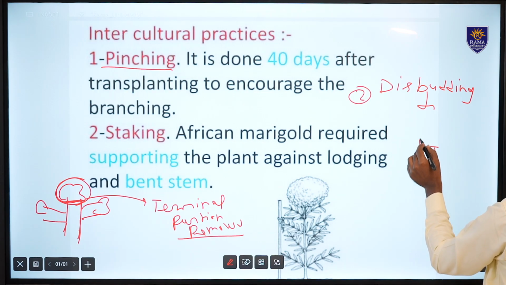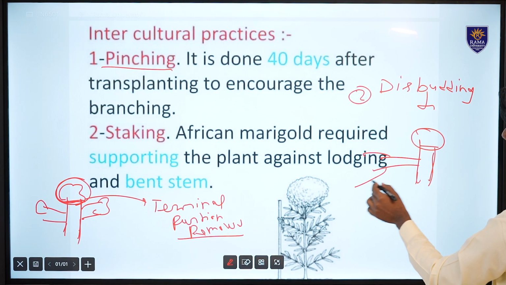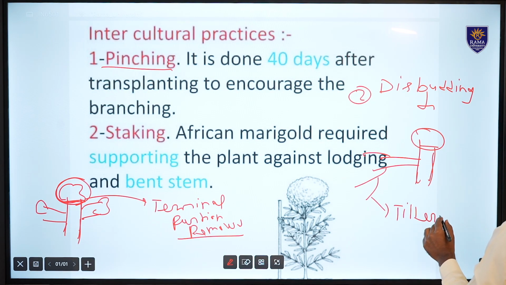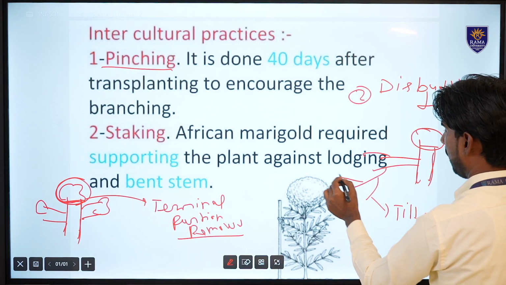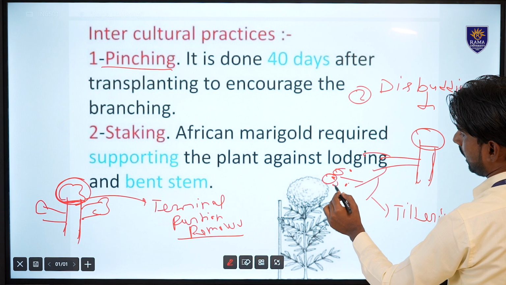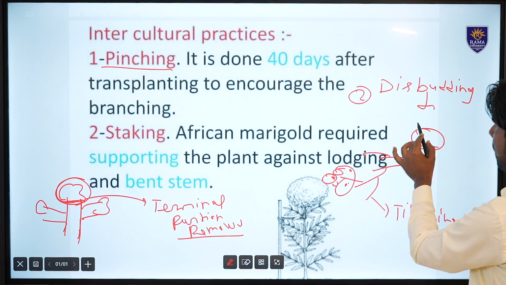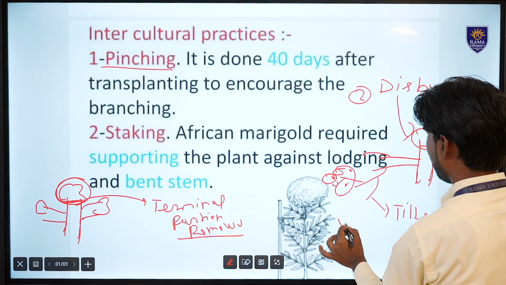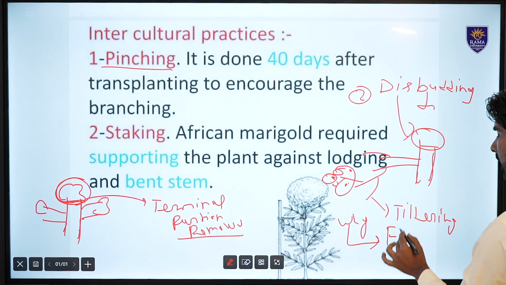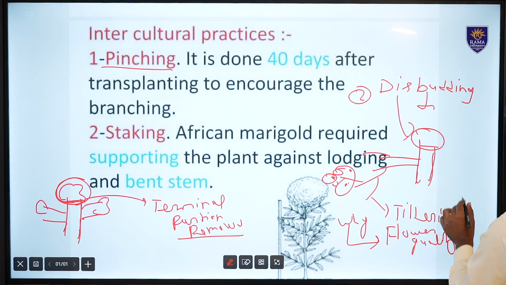When we remove the terminal portion of the marigold, side branches are encouraged, with more tillering and more buds. When one bud is kept and 3 buds are removed, it is called disbudding. Why is disbudding practiced in marigold? Because the flower quality is good.